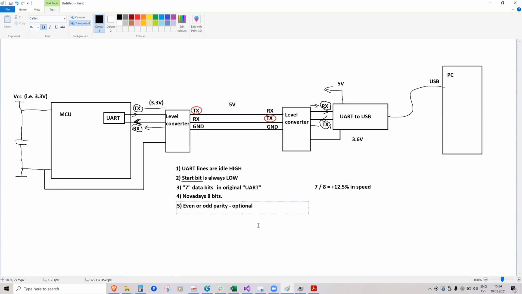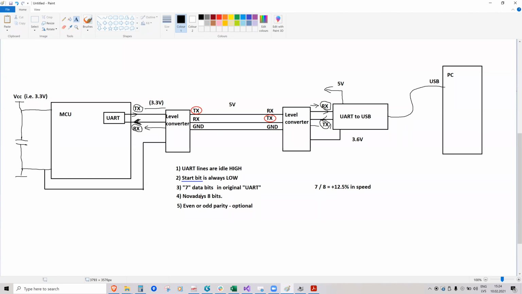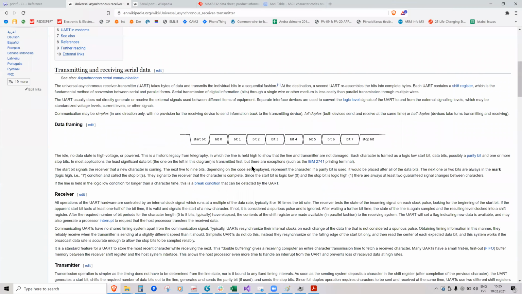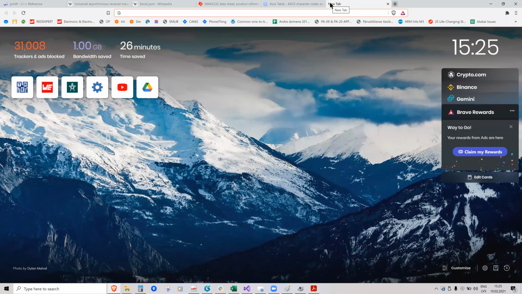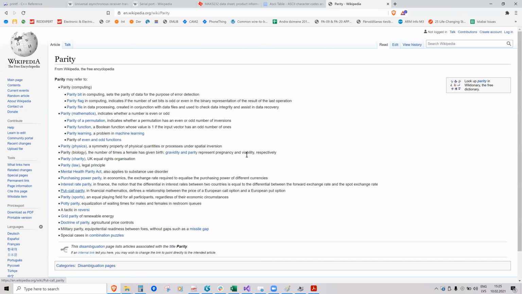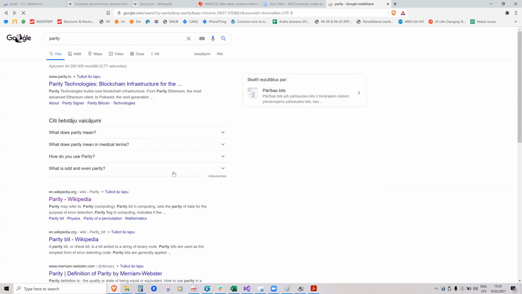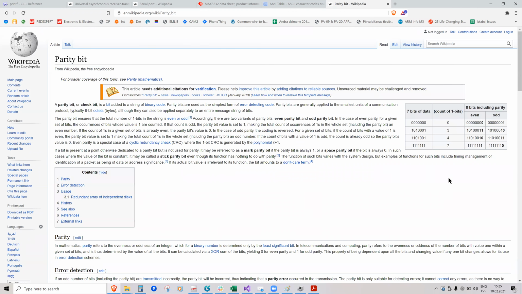So historically, after sending data bits, a parity bit would be inserted, and you can find info about parity on the internet. Okay, so you send, for example, 7 bits, and the parity adds 1 to make the number of ones either odd or even.